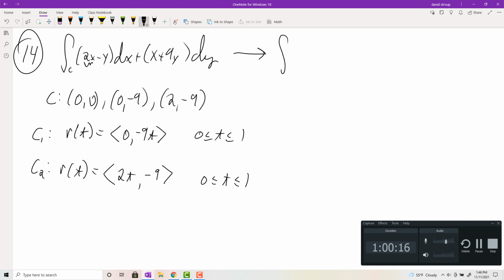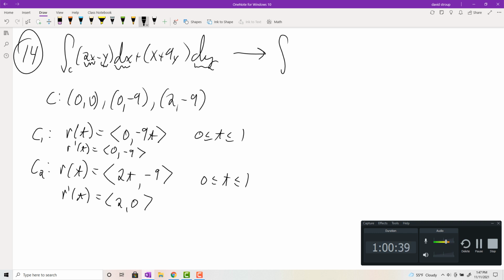Okay, so the bits and pieces I need: the x of t for this part, the y of t for that part, and then dx and dy. For the dx and the dy, I need the derivatives of the r of t things. So r prime of t is going to be 0 comma negative 9, and here r prime of t is going to be 2 comma 0.